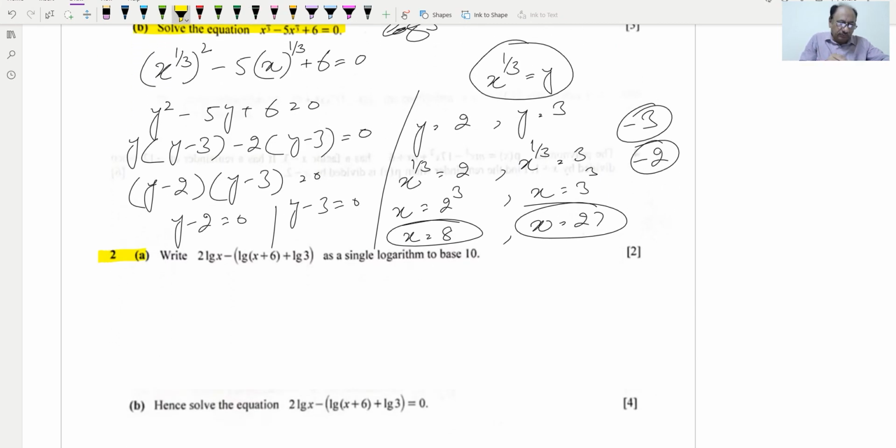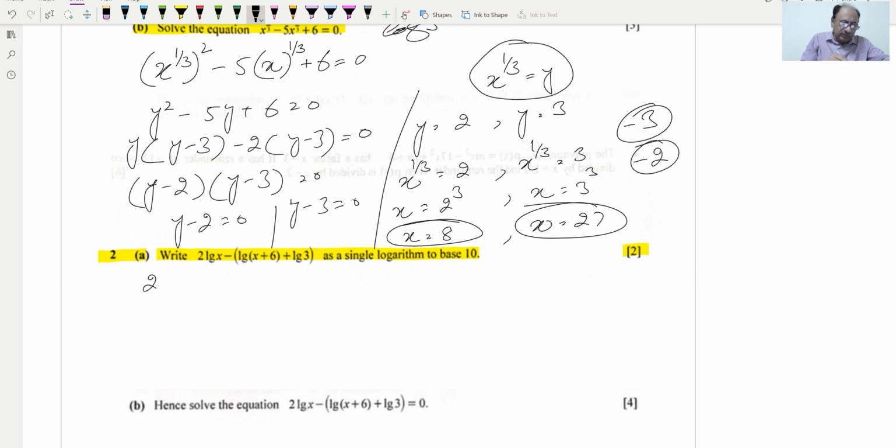Question number 2, part A says write this as a single logarithm to base 10, and this is a 2 mark question. We will open this log. This one is multiplication, so we can apply the multiplication rule.